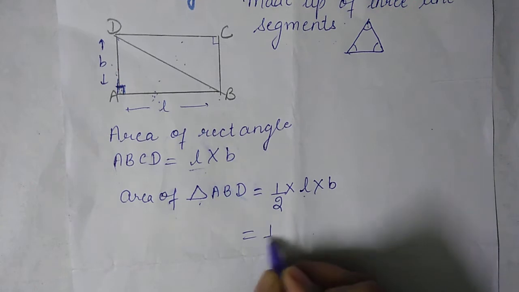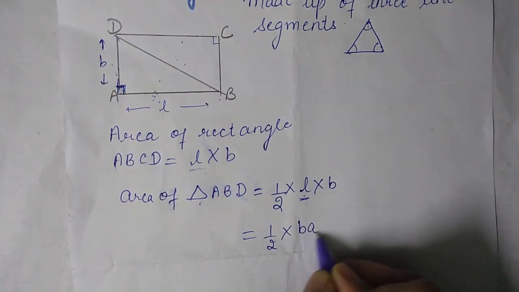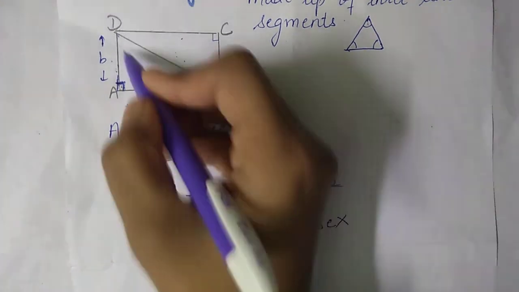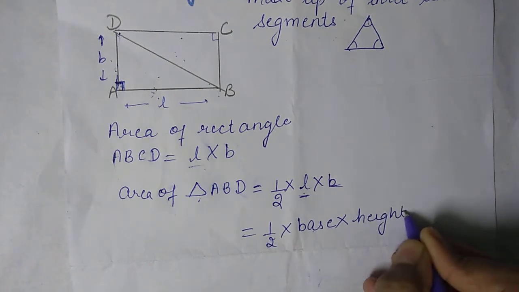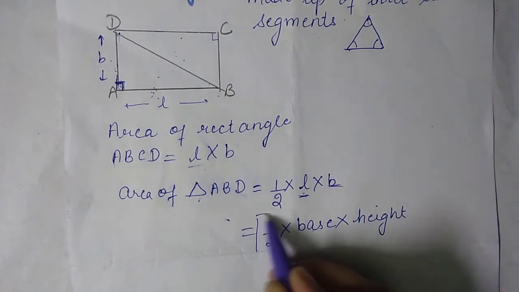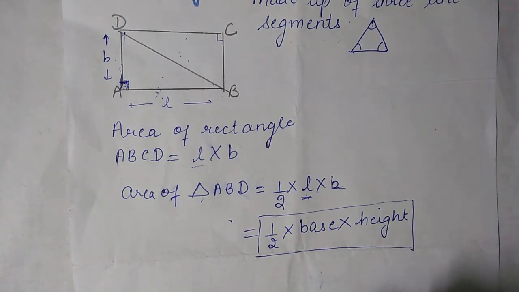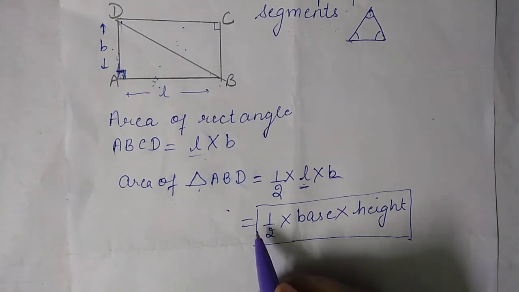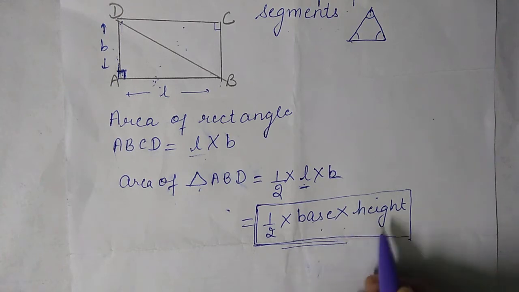So in place of L, can I write B? Here B stands for base, and in place of breadth, can I write height? Yes, we can write, because base, height and hypotenuse are specifically the names of the sides of a right angle triangle. So area of a right angle triangle is half into base into height.